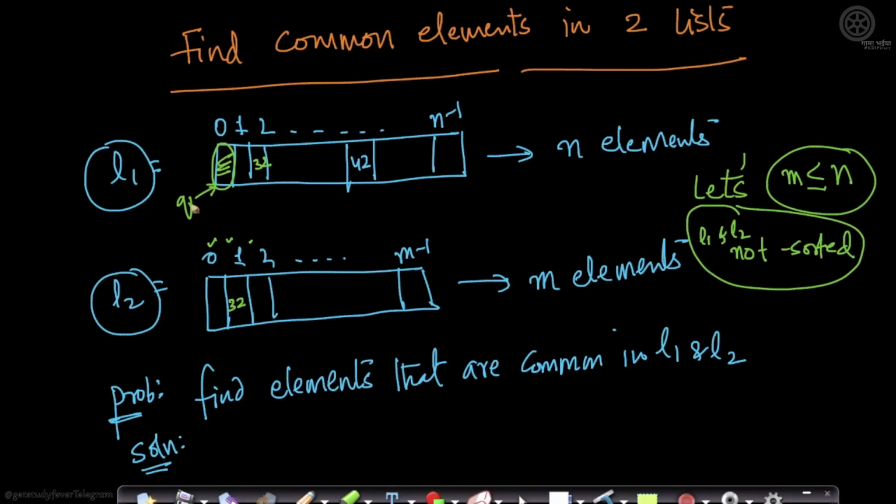So how much time does it take to find this element? For the first element, it will take me roughly m comparisons to check whether it exists in this list or not. For the second element, it will again take me m comparisons to check whether it exists in L2 or not. Third element, again m, and so on. For each of these elements, I'm doing m comparisons to see whether it's present in L2. So what is my total number of comparisons?